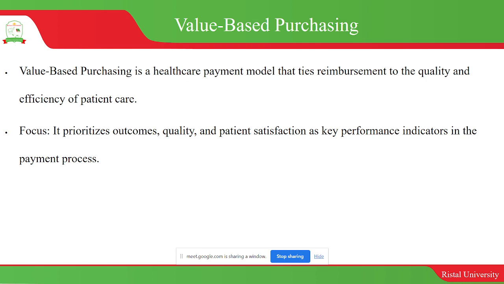And therefore, another aspect is also patient satisfaction. If the patients give you good ratings, this is where quality in healthcare becomes very key. If the patient comes to your health facility and then they give you low ratings, then if you are expecting reimbursements based on value, you are going to have a lot of trouble.